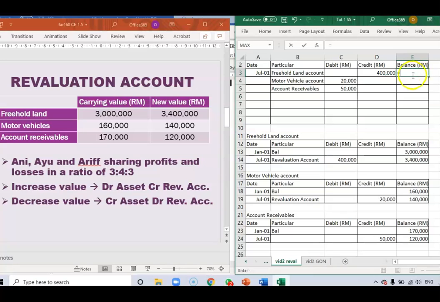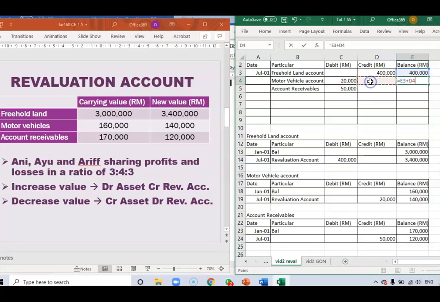So if you look at the balances of the revaluation account, you add up the credits and the debits.